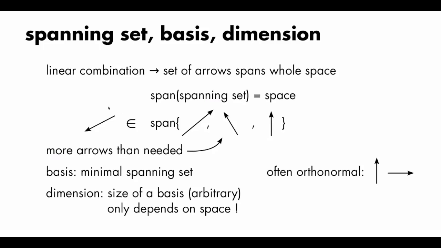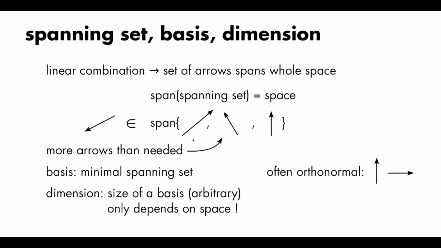So all the possible arrows that we can express by just picking all sorts of numbers for the scaling factors and adding them all up in whatever ways give us a space of arrows. We call the original set of arrows that we started with the spanning set, and the span of that spanning set is that space.